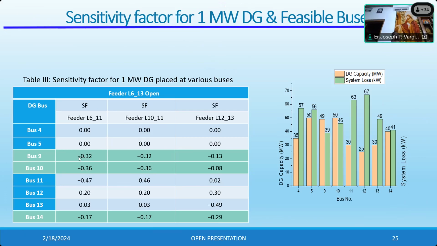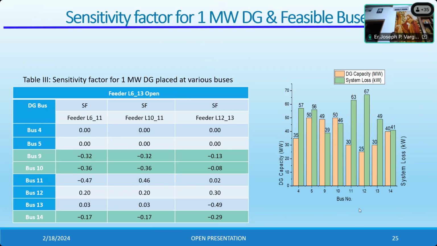Before, lines 6-11 and 10-11 were congested. But due to the penetration of DG at bus number 9, the flow has been reduced in these three cases. Hence, we are grouping bus number 9, 10, and 14 as the feasible buses.